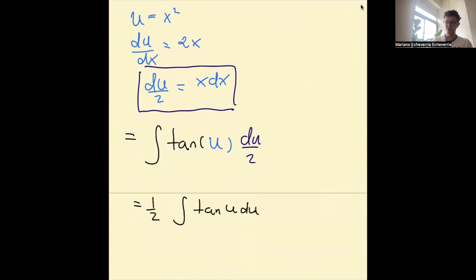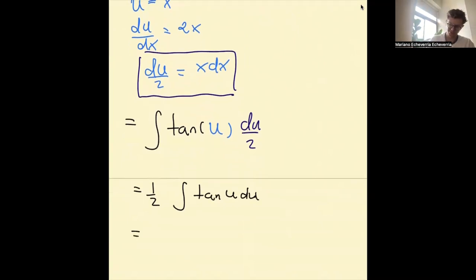And then how do you find this one? Actually, yesterday we did the integral for tangent, if you remember, but that one may be harder to memorize. To find the integral of tangent, you just have to use the trick of rewriting it as sine over cosine. So you can write this as 1/2 the integral of sine of u divided by cosine of u du.